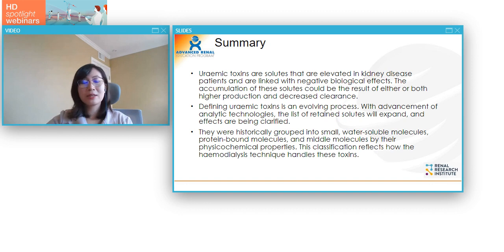And also this list has been evolving with the development of laboratory analytical technology. In recent years, with the development of omics technology, more and more substances can be identified and detected in biological fluid. So we would expect this list to grow.